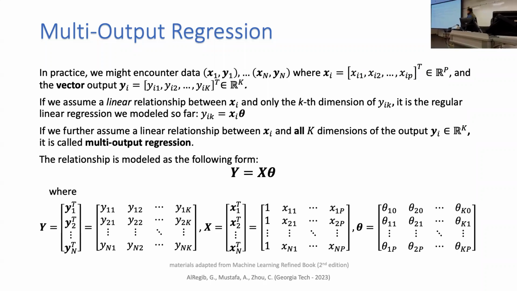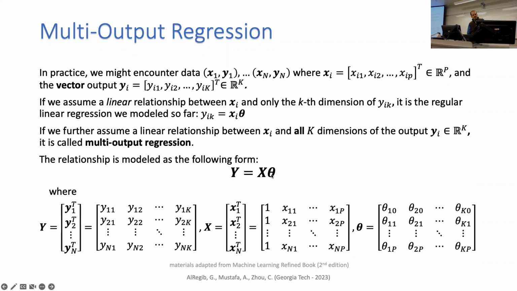So in that case, basically, what do I do? It's the same formulation. Nothing really changed much in here. The only difference is I will not really have small y boldface. This will be a matrix, and that matrix is what we have here. So each row is the output for sample one, the second row is the output for the second sample, and the nth row is the output for the nth sample, right?